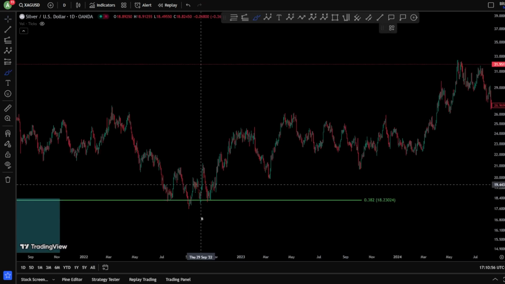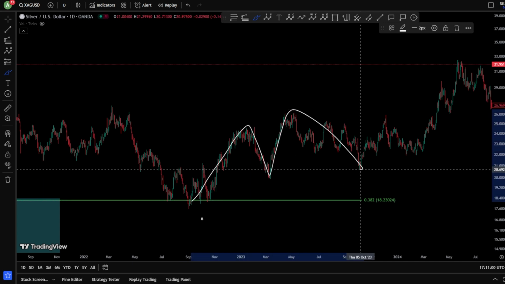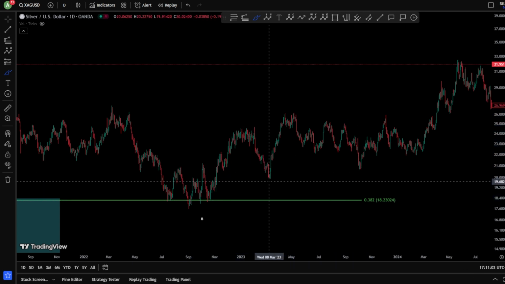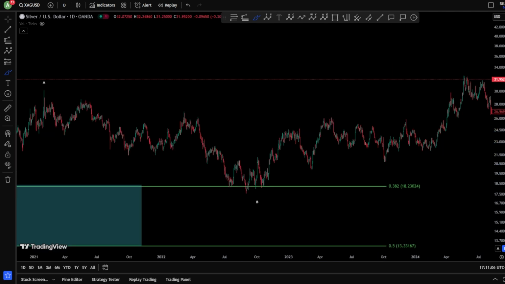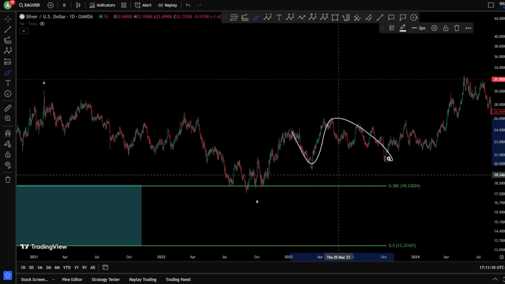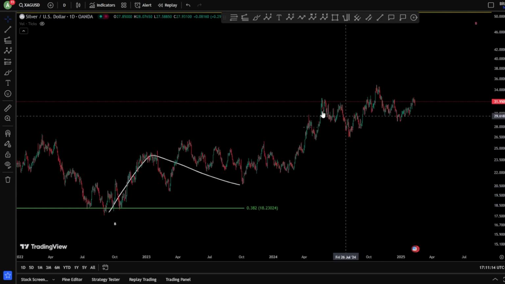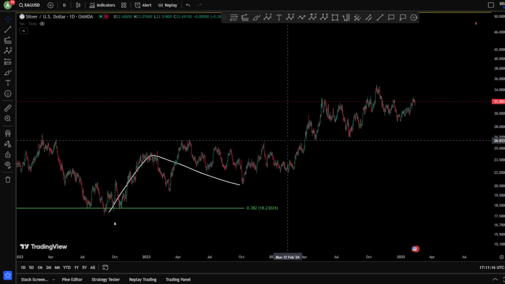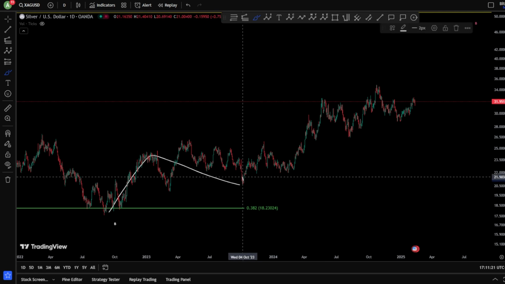But in case this is a 1, 2, then maybe your wave 2 is even longer here, because what you get here is not a clear impulse. It's just one leg of 3 waves toward the upside, A, B, and a C for a wave 2, meaning 1, 2, and then you're looking right now for a clear impulse here, where your wave 4 did not interfere with your wave 1.